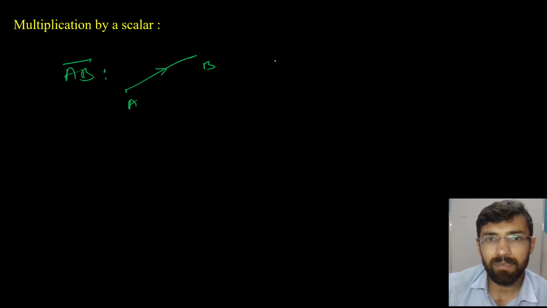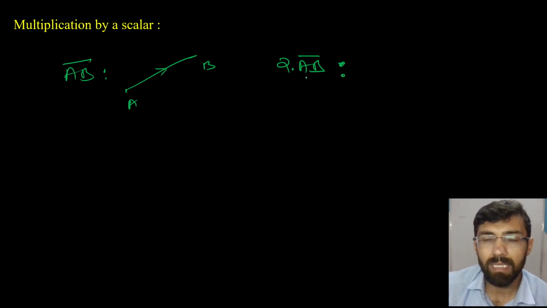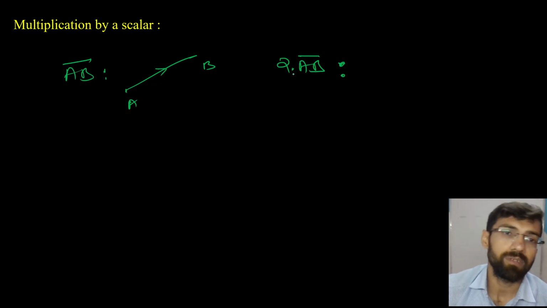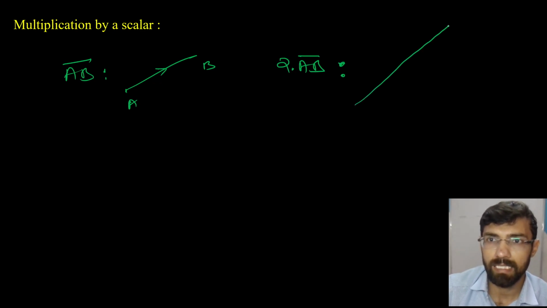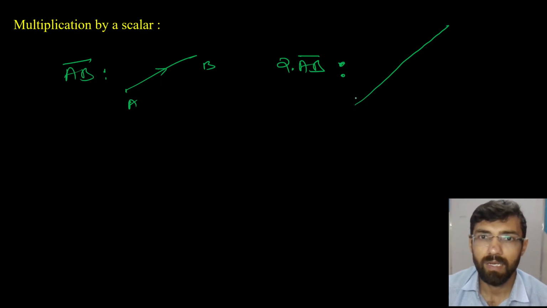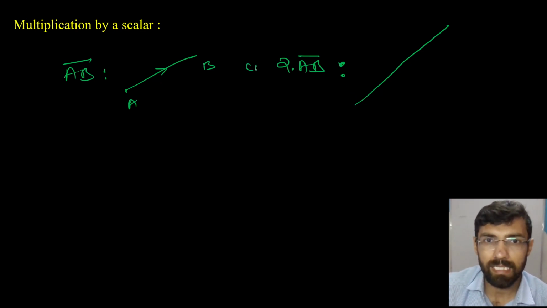Now if I say, can you represent double the AB vector? Double the AB vector means lengthwise or magnitude-wise, the length of AB vector is this much and your length will be doubled. So this will be your double the AB vector. Let us name it the CD vector. So my CD vector is nothing but double the AB vector.